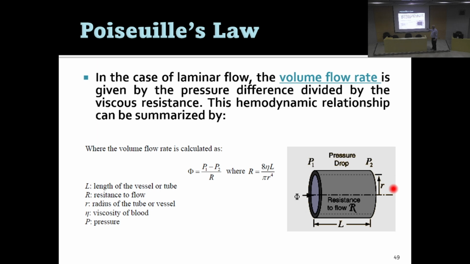Twice to the power 4, you say 2 multiplied by 2, 2 multiplied 4 times, it becomes 16. So we go by 16. So if you make R twice, resistance goes down by 16 times. If I make it half of it, 1 over 2, the resistivity is increased by 16 times. You understand that, yeah?